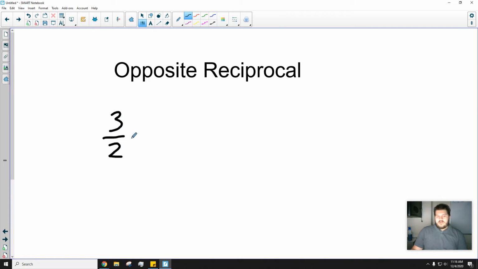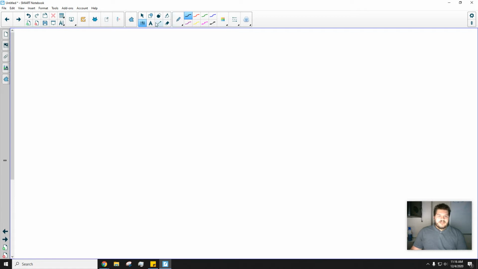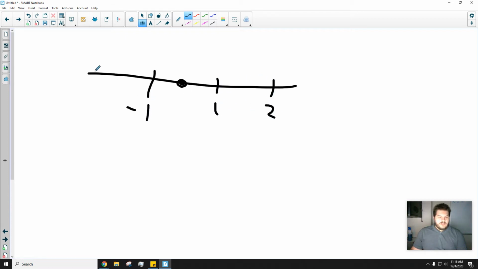3/2. Okay. Well, there's two parts. Opposite is the first part. What that means is it's going to be the opposite of 3/2. So if we go back to a number line and say that we have 1, 2, and -1 and -2, 0, of course.